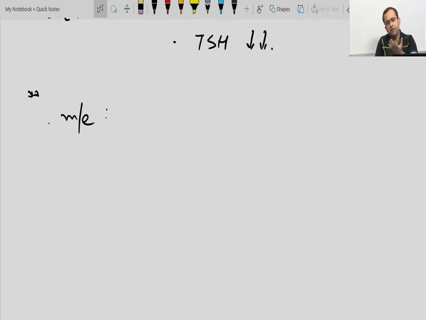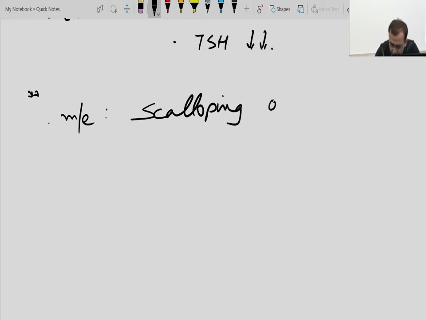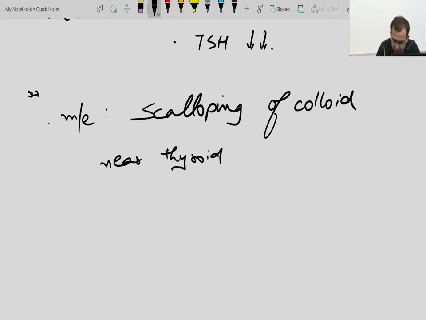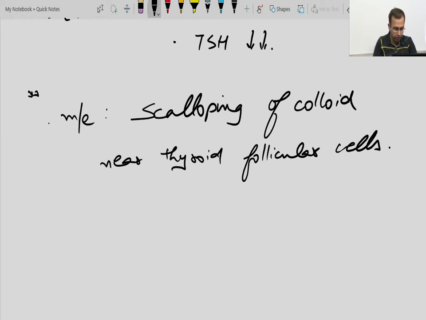Microscopically, we will have thyroid follicles with colloid. But this colloid is taken up by thyroid follicular cells and converted to T3 and T4. So microscopically it is associated with scalloping of colloid near the thyroid follicular cells. This is Graves' disease.